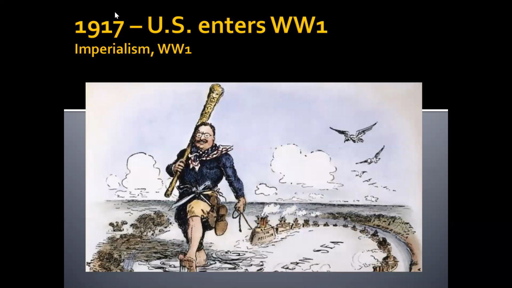That is best exemplified in 1917 when the United States decides to enter World War I and join the side of countries like England and France. This is the first time that the United States is actively involved in a world conflict.